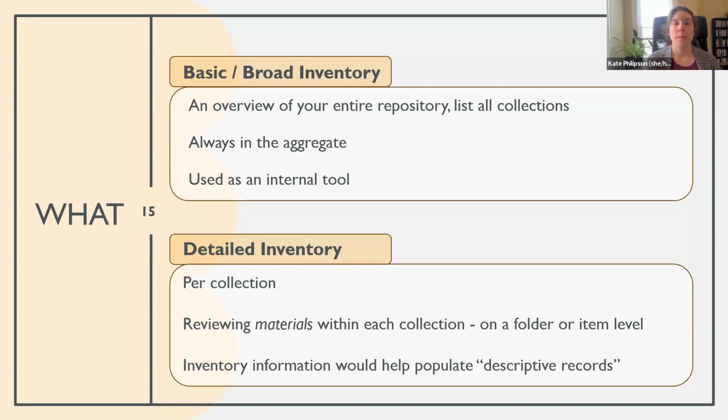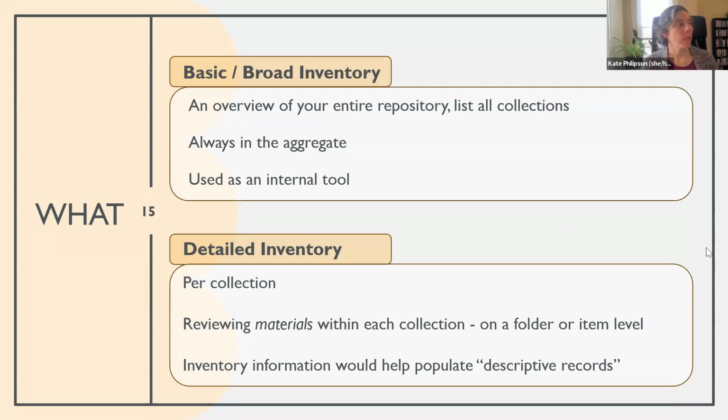So this kind of inventory can be a useful tool to underpin your archival description, or it can go in description and be public information on a series or folder or item level. And it shouldn't be a part of your first steps if you're inventorying. So that's why we're not going to talk about it in any other detail here today. It's just important to know that you can think about inventorying at different levels within the archival hierarchy of materials.